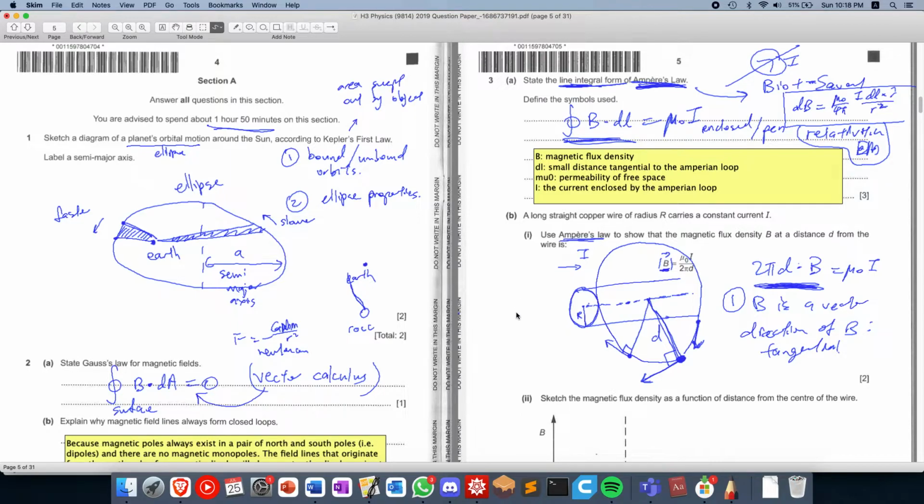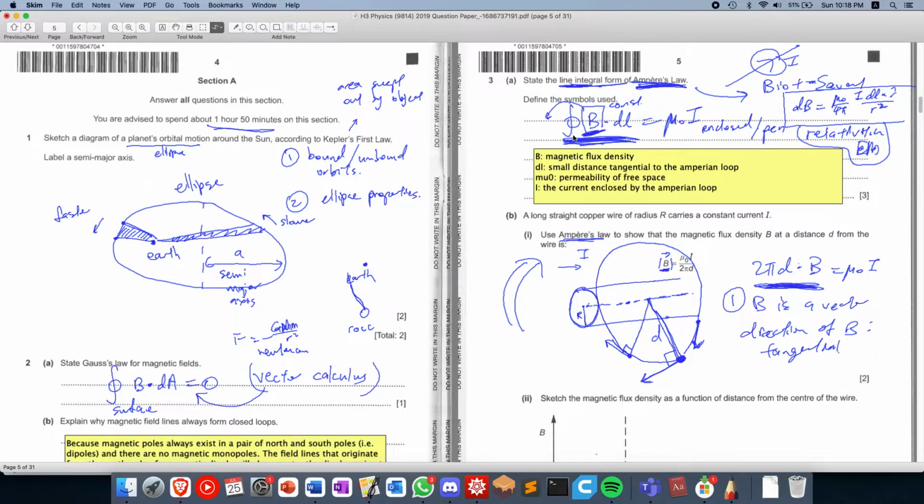If you rotate the entire system, the magnetic field should not change because it's exactly the same setup. That means the magnetic field is constant throughout the entire circle. So when your B is constant, you can essentially pull it out of the integral.